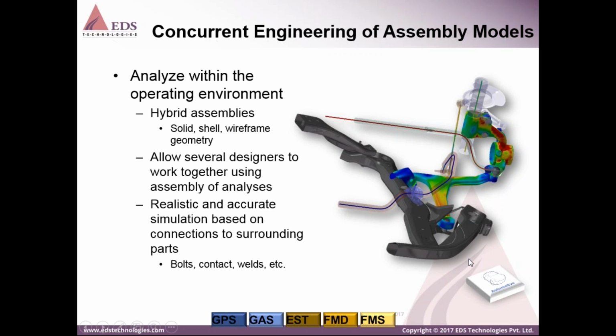Different parts can be differently analyzed, and that individual analysis can be combined to get the assembly of analysis, along with different capabilities, that is virtual bolt tightening, different contact elements, welds, the structure parts which are created in structure. So that also can be very easily meshed inside this CATIA analysis.